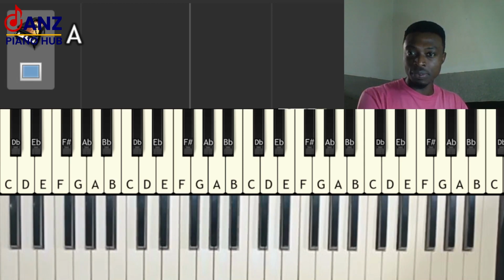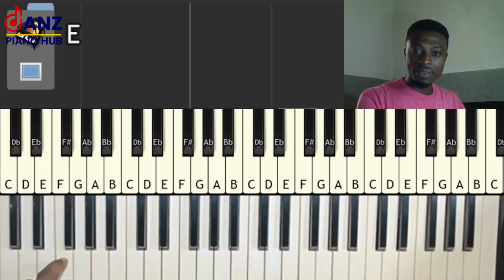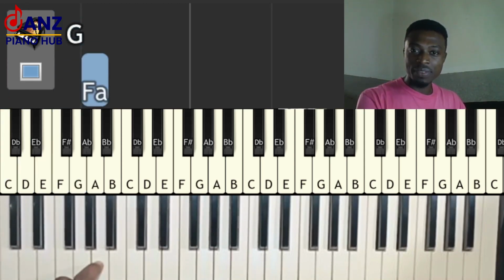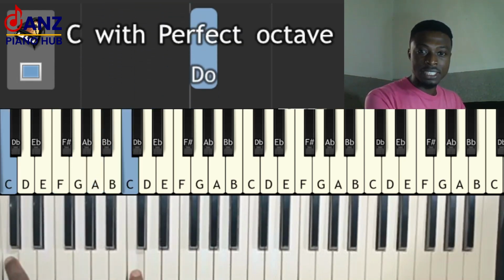They are quite different. For example, if you look at the electronic keyboard on your screen, if you start talking about chord names, we have C, D, E, F, G, A, B, and C. So C and C is a repetition.